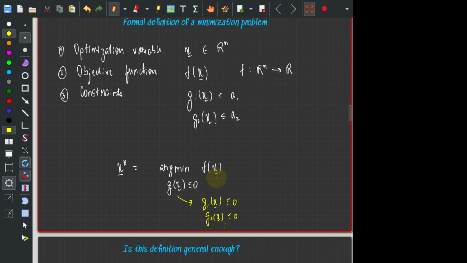Suppose that, given any function and any constraints in this particular form, I can solve this problem. I have some black box which gives me the value of x star, no matter how complicated this function f is, no matter how complicated these g1, g2, g3 functions are. As long as I can represent it in this form, I can solve the problem. Again, hypothetically speaking.